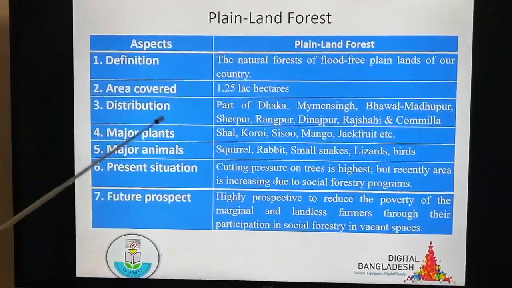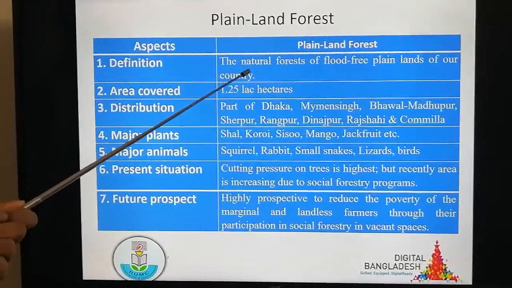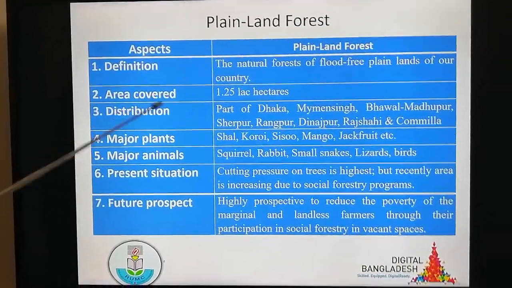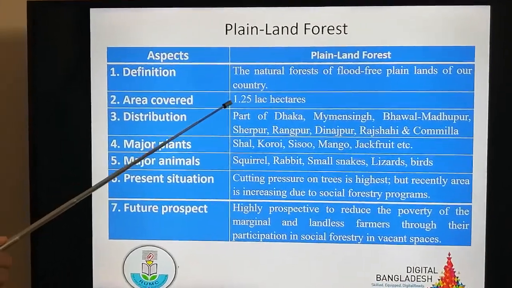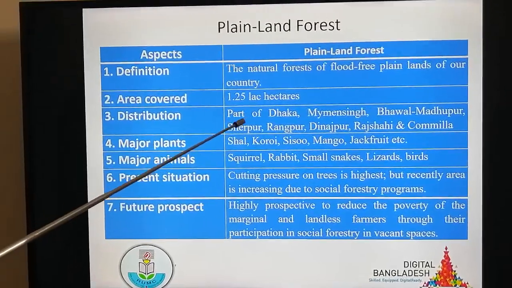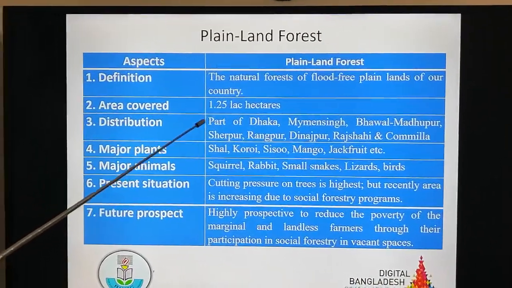Again, we need to define it. How can we define plainland forest? This is the natural forests of flood-free plain lands of our country. What is its area? 1.25 lakh hectares of land is under plainland forest.